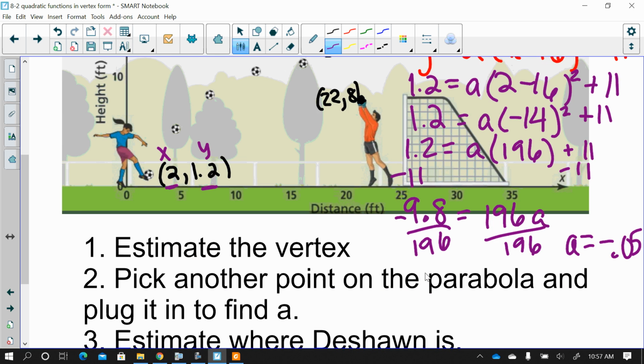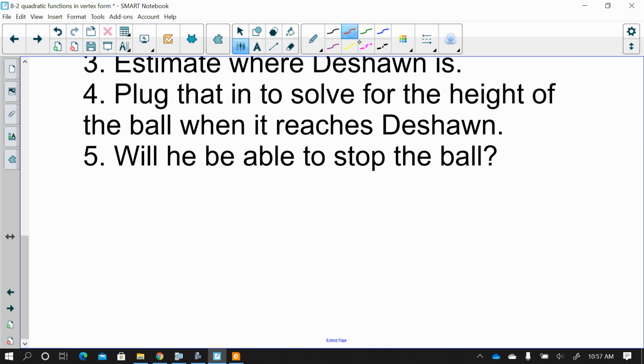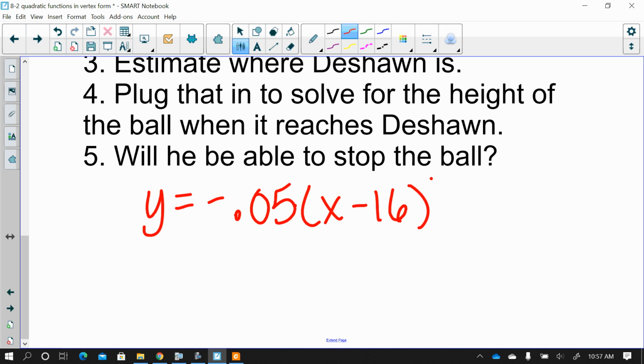Okay, so my equation is y equals negative 0.05 times x minus 16 squared plus 11.